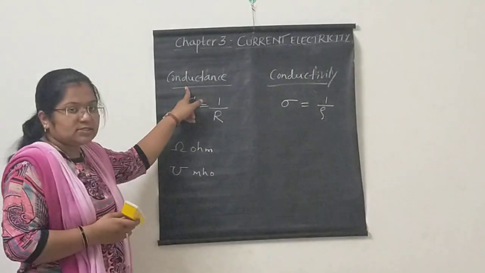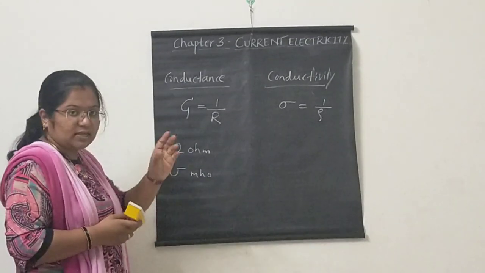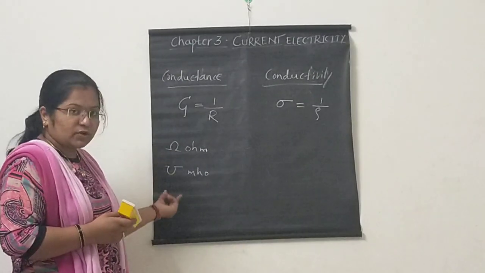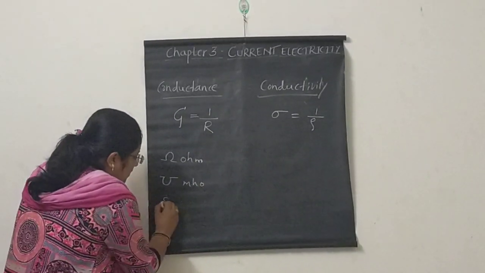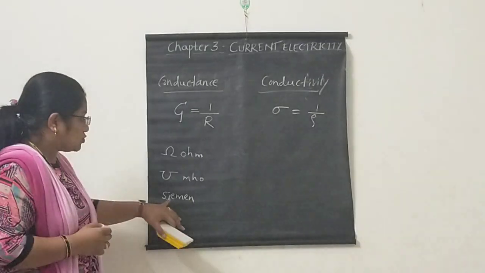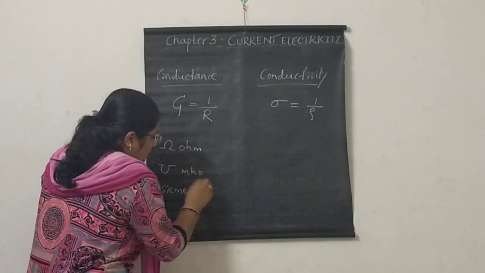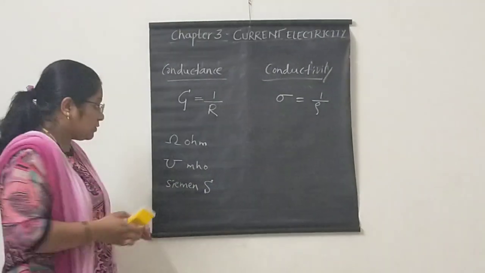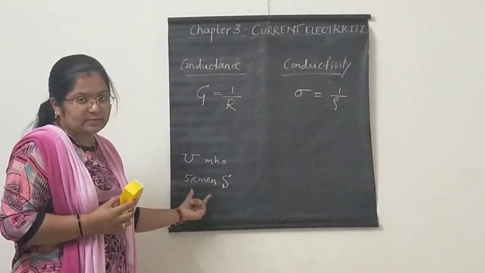So conductance has the SI unit mho, and the symbol is this inverted ohm. Sometimes conductance is also measured in the unit Siemens, denoted by the letter S. So the SI unit of conductance is mho or Siemens.